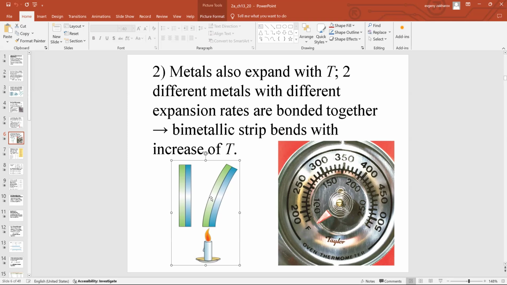Let's say the blue part bends more than the green one, and with a certain temperature change, you can see how blue bends more and red bends a little less. So overall, there is a reaction of the system to the change in temperature, and you see the bending of those strips because of change in temperature.